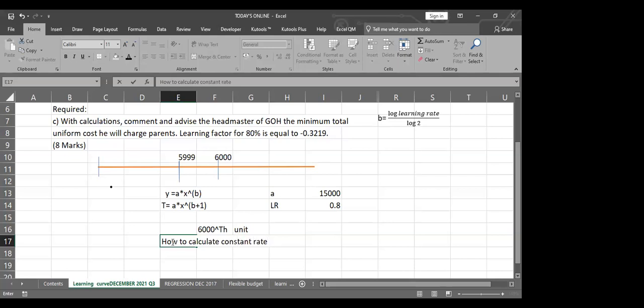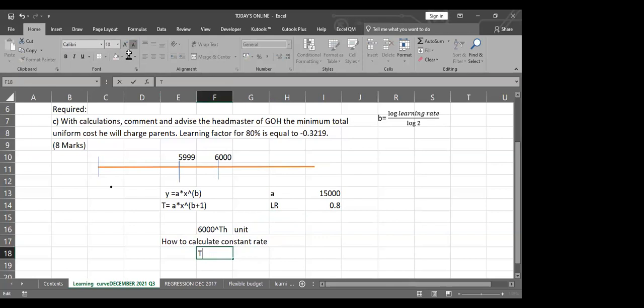To calculate the constant rate, just a minute, let me admit somebody. To calculate the constant rate, you will calculate T for the 6,000 subscript. So you calculate T for the 6,000. That is what you need to do first of all.